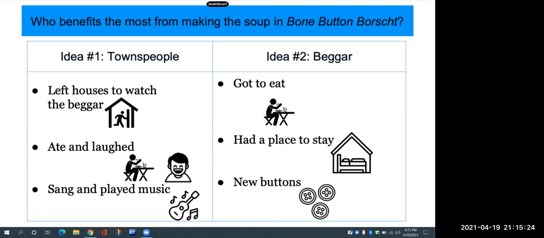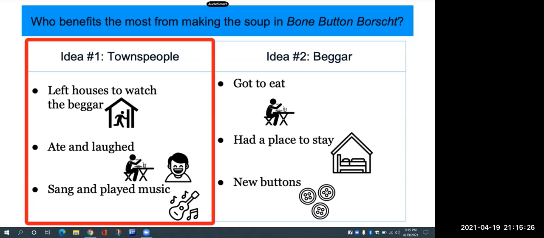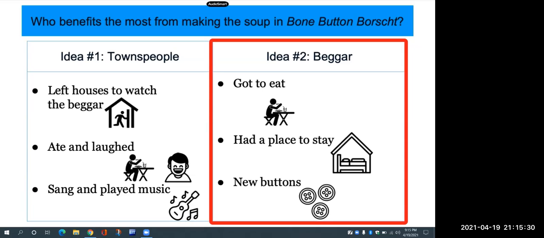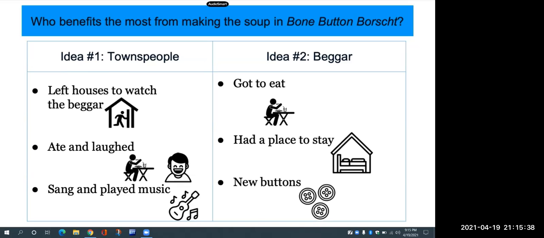Now that you have evidence on how the townspeople benefit from making the soup and how the beggar benefited from making the soup, I'd like to invite you to silently do some thinking. Which group or person benefited more from making the soup?